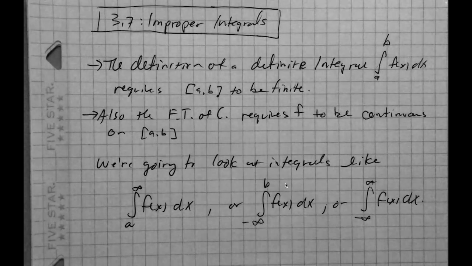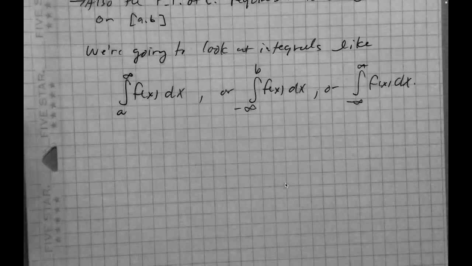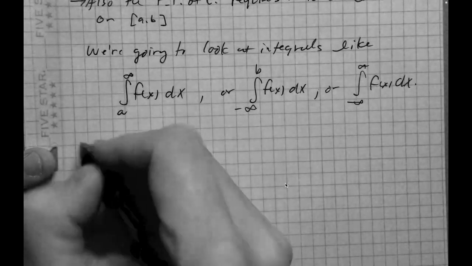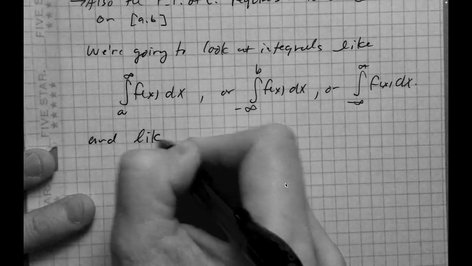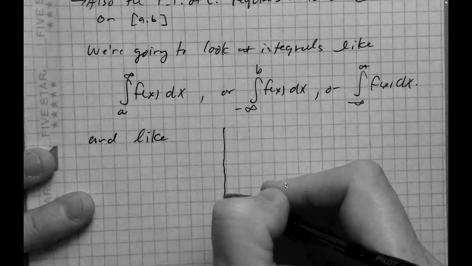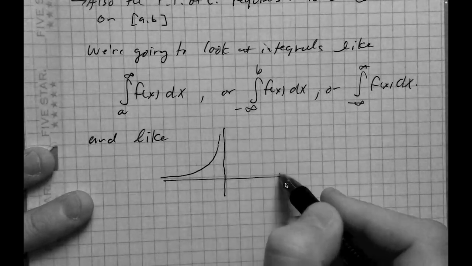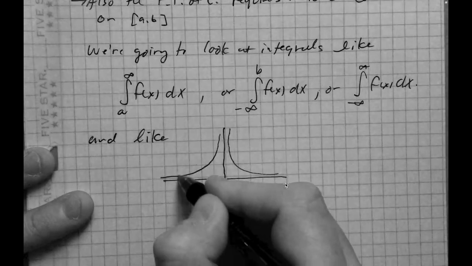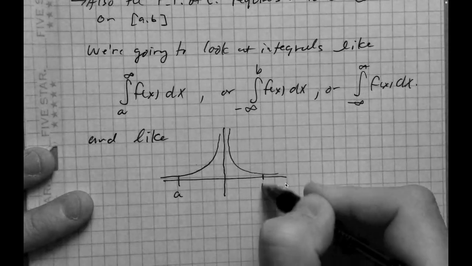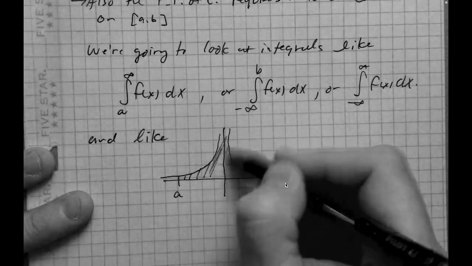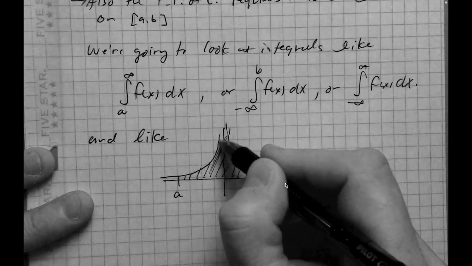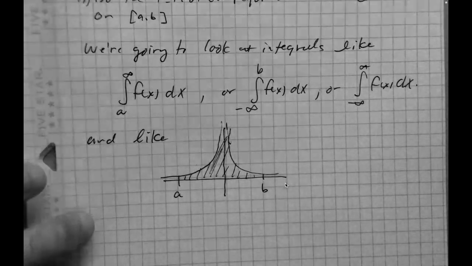The second kind of improper integral is going to be ones where there's a certain number of discontinuities over the region of integration. So what if I have this function, it looks like this, and I want to integrate from a to b? Meaning I want to know what this area is, but I have asymptotic behavior right in the middle of the region.